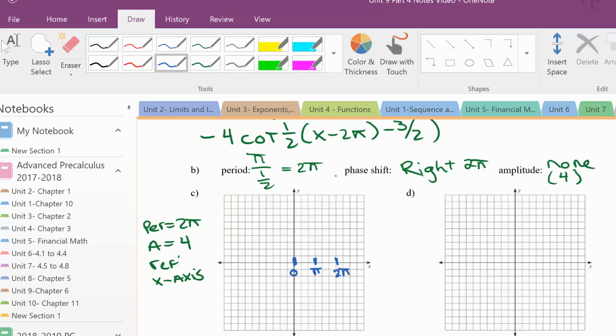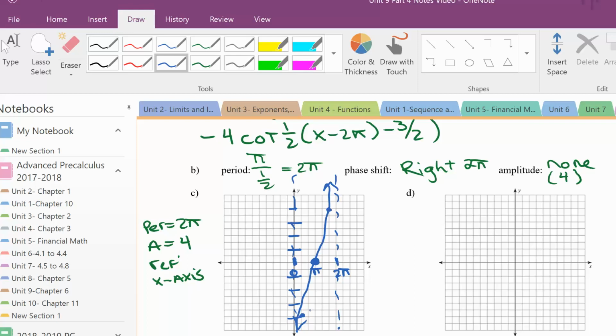And now you're going to have your asymptote at 2 pi and at 0. Your middle point is pi, 0, and then here it's going to go 1, 2, 3, 4. 1, 2, 3, 4. And now remember it's going to go this way, so it's going to go in the middle here and in the middle there. So it's going to go up from left to right because it's a reflection about the x-axis.